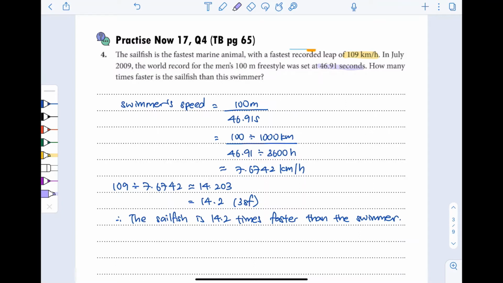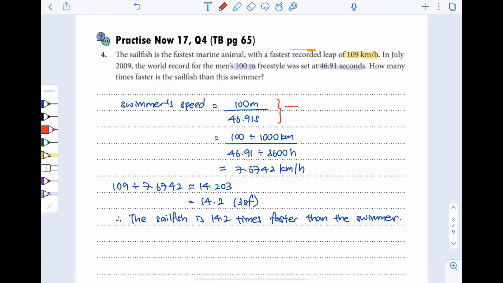In order to do the comparison, we need to first find out the speed of the swimmer. We know that the swimmer swims 100 meters in 46.91 seconds. So we do the calculation by taking distance divided by time, 100 meters over 46.91 seconds. But we need to make sure that the units are the same.